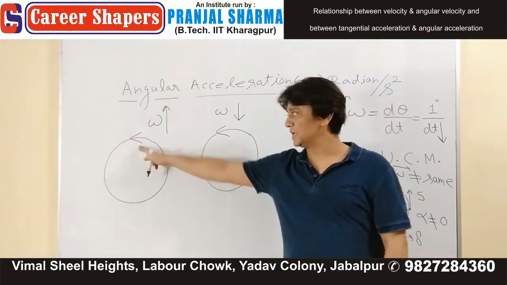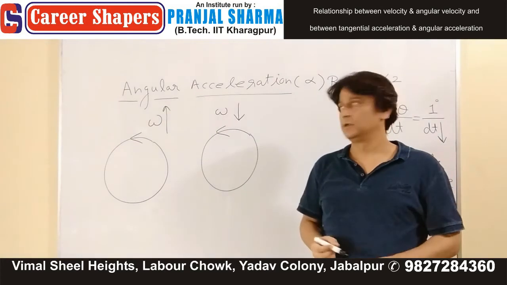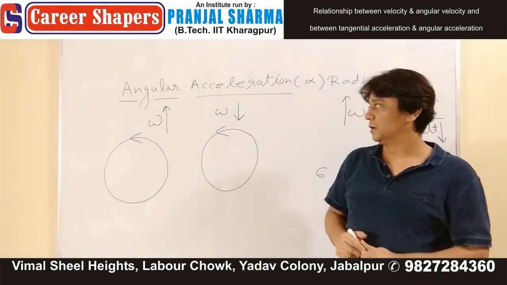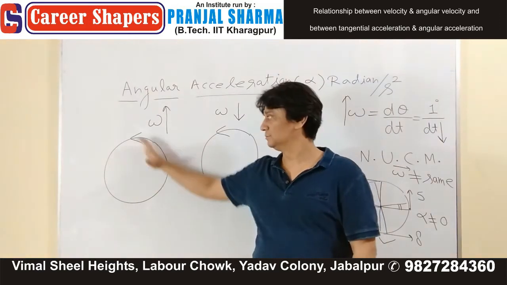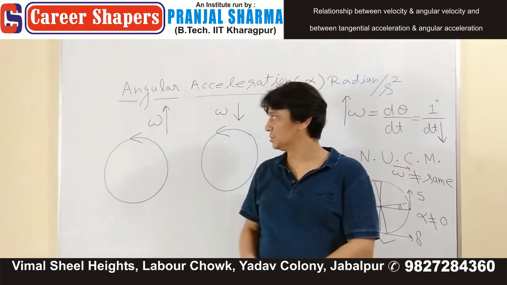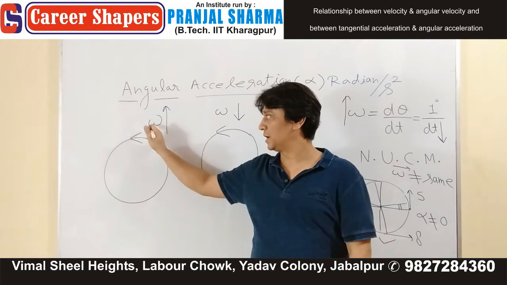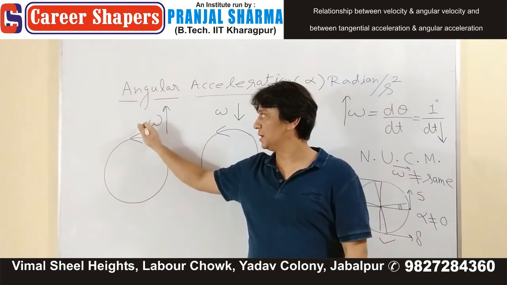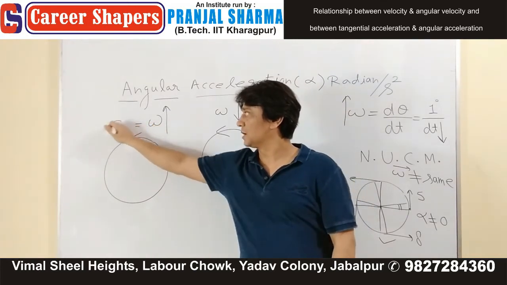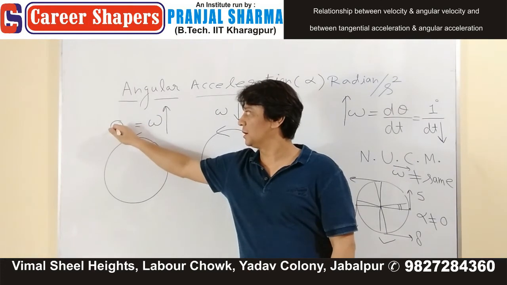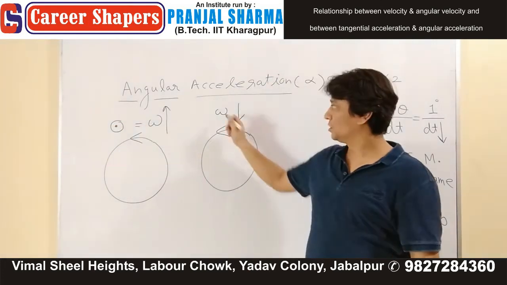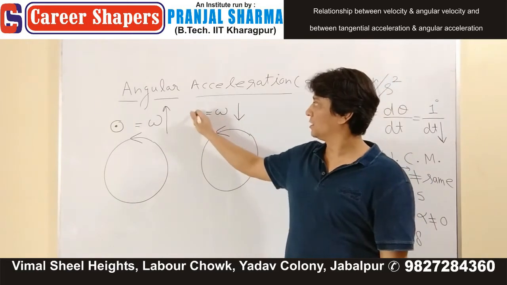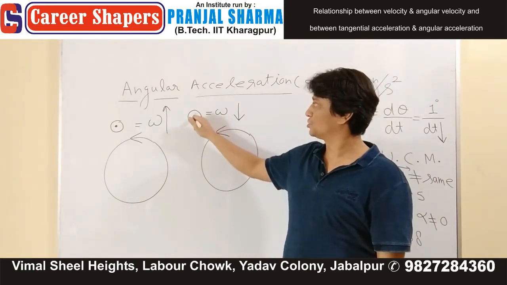Increasing sense of rotation. What is the direction of omega? Out. So what is the direction of omega? Direction of omega is dot. Along the axis, out.